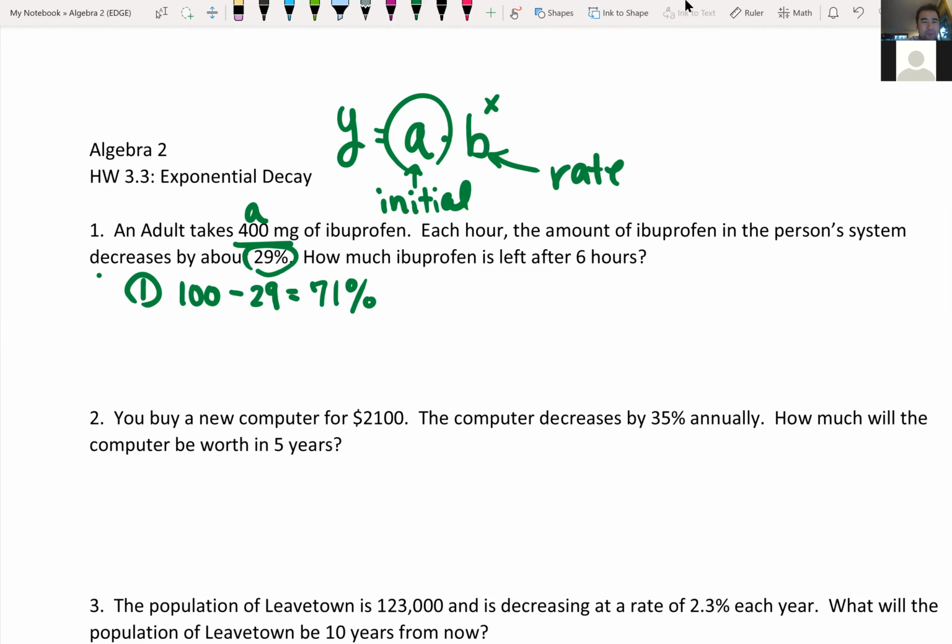And so we want to use 71%. Now, we cannot just use 71% straight, we have to change that 71 into decimal form. So you need to divide that by 100. So that will be 0.71. So 0.71 is the rate of decrease. Okay.